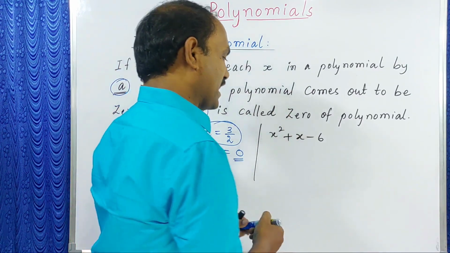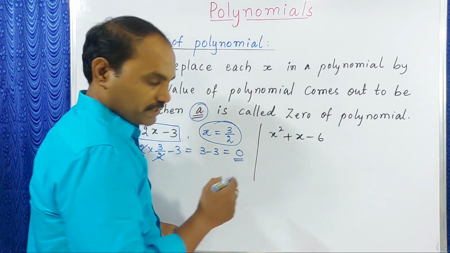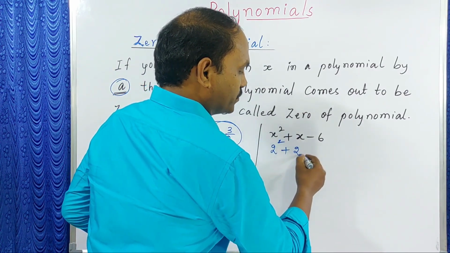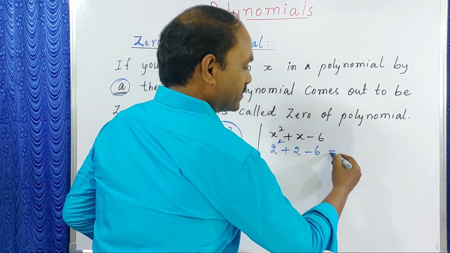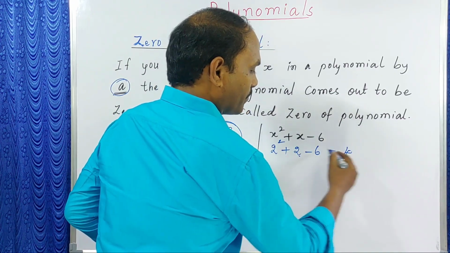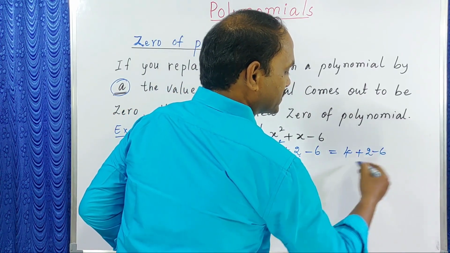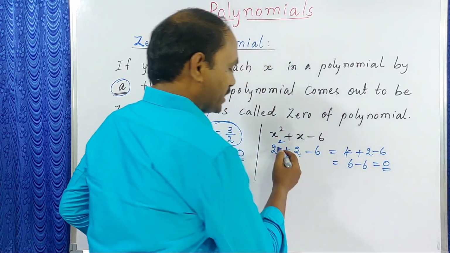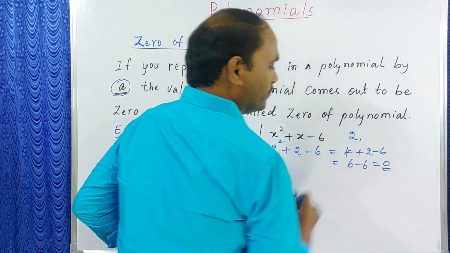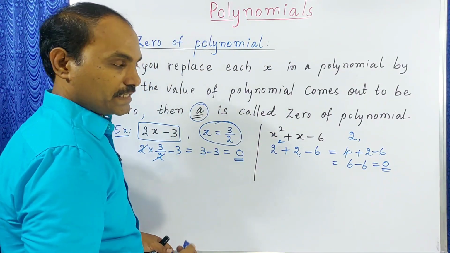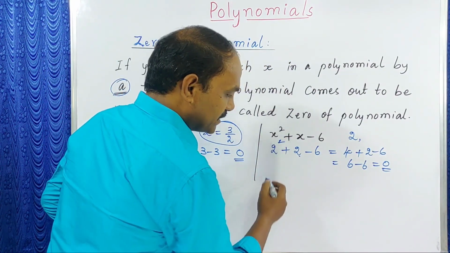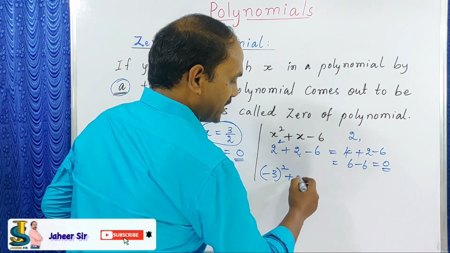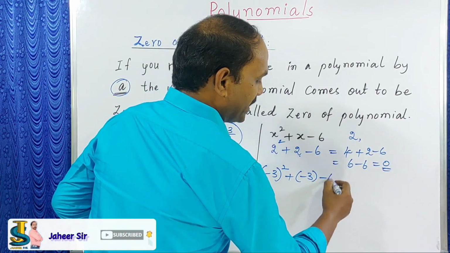Now what is the value? For example, if I substitute 2 in the x place, 2 square plus 2 minus 6. 2 square is 4 plus 2 minus 6, 4 plus 2 is 6, minus 6, so 0. Here one zero is 2 and one more zero is there. If I substitute minus 3 here, minus 3 whole square plus minus 3 minus 6.